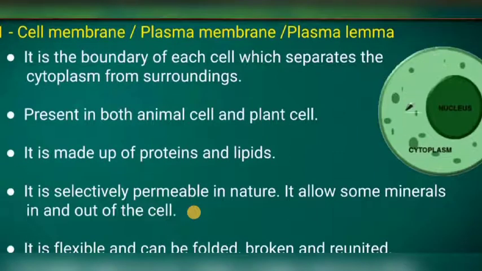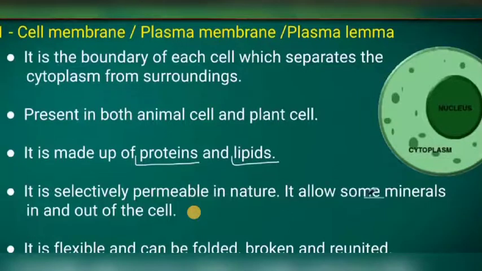It is the boundary of each cell which separates the cytoplasm from the surroundings. Here you can see it is the boundary of the cell. It is present in both animal cells as well as plant cells. It is made up of protein and lipids.